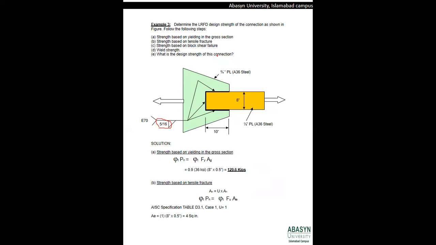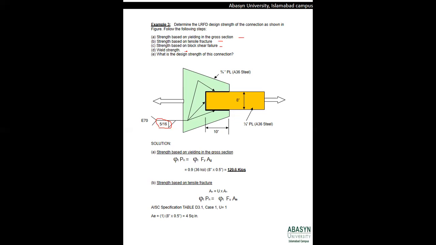The question demands that we find the strength based on yielding of the cross section, the strength based on the tensile fracture of this member, or the shear capacity, and the strength based on block shear failure. The member can also fail in block shear, as I told you in the design of tension members.